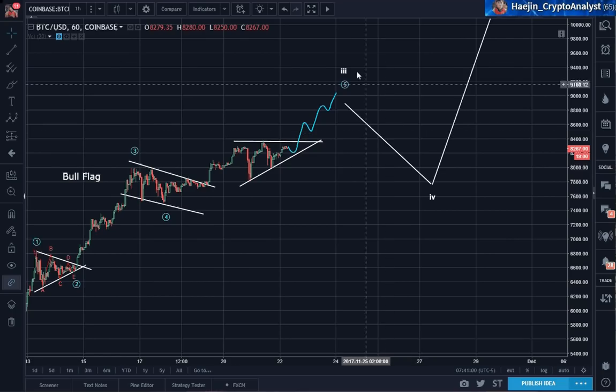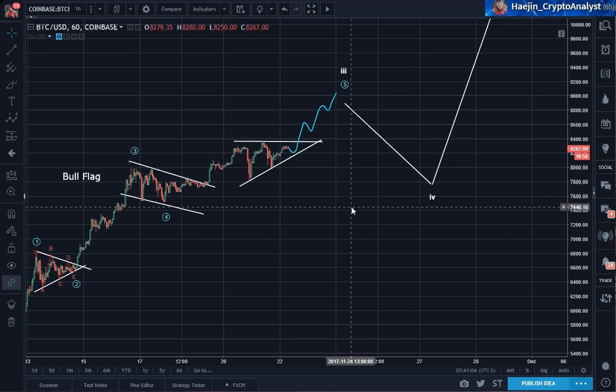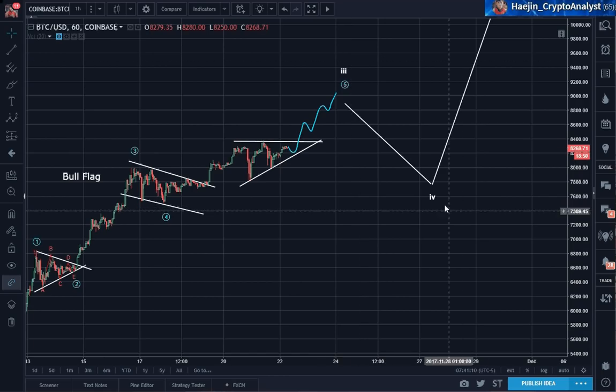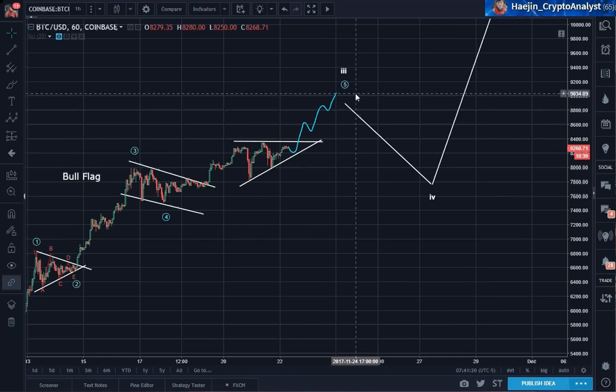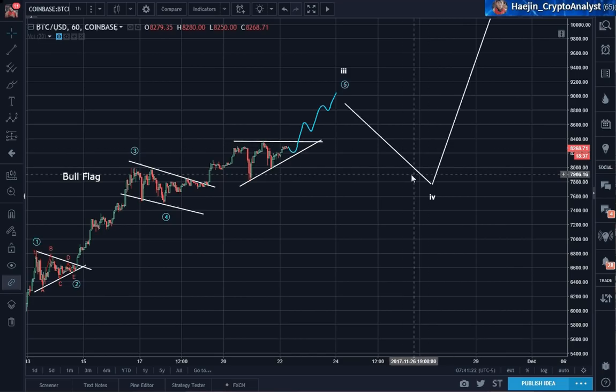So before we reach 3, we only have to travel about $800, and that's nothing. And if this is going to be 3 and this is going to be 4 and this is 1, 2, 3, 4, 5, after this final wave, if you are a trader, you'll be taking some out and waiting for the end of this trade to ladder back in.